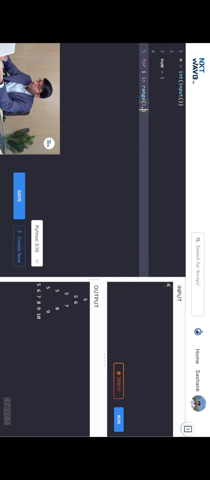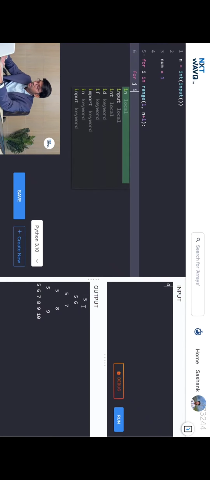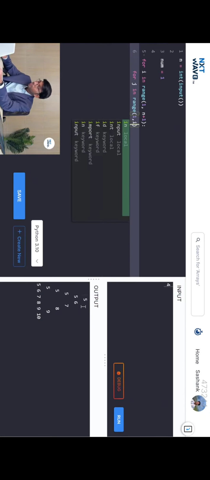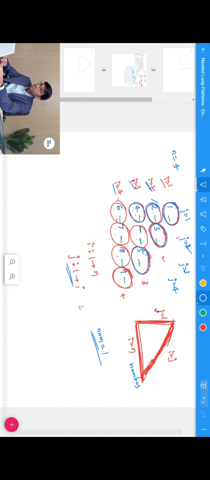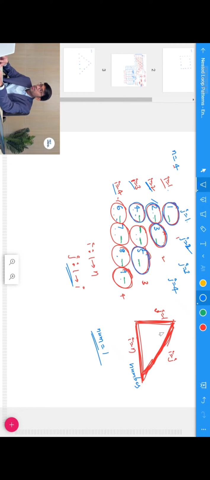So for i in range of 1 comma n plus 1, because our i is going from 1 to n, both included. Next, for each i, j is going from 1 to i, also included. That means for j in range of 1 comma i plus 1. If you are on the border, we should print the number, else we should print spaces. How do we know if you are on the border?